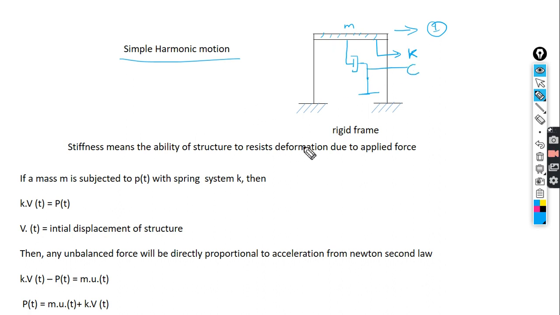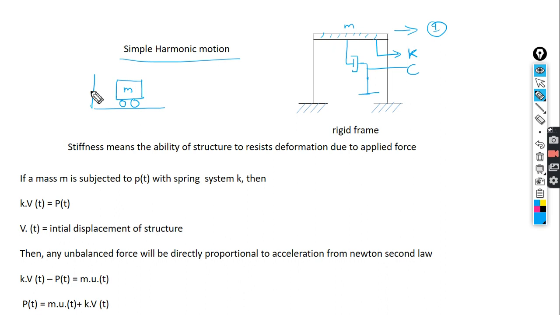Let me represent this structure by a simple mass system. Let us suppose this is mass m, placed over a smooth surface, like a roller.